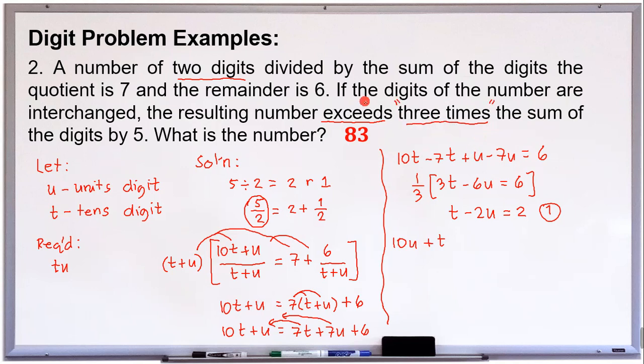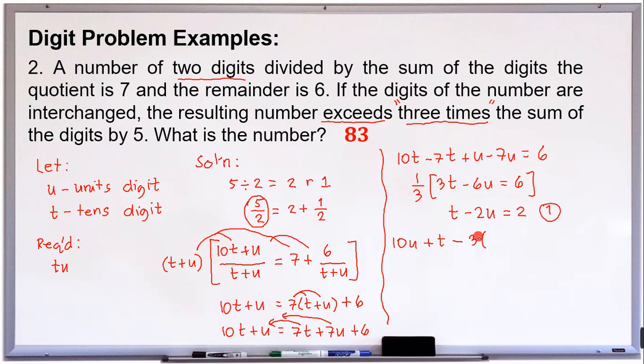So therefore, since we have the word exceeds, as I told you earlier, this is somewhat related to the subtraction operation. So we're going to use minus 3 times the sum of the digits.